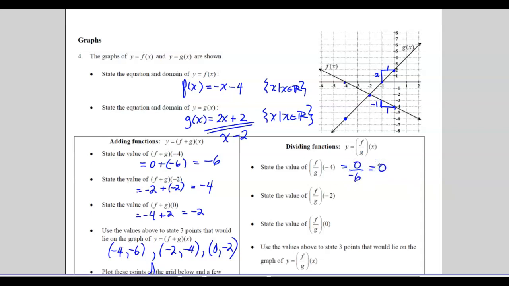Dividing 0 by anything is 0. -2 divided by -2 is 1. -4 divided by 2 is -2.